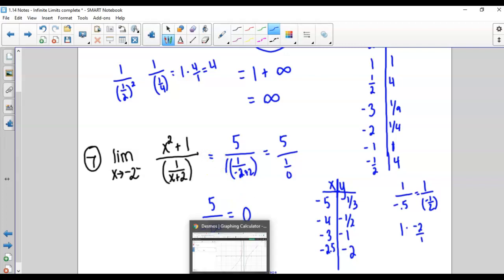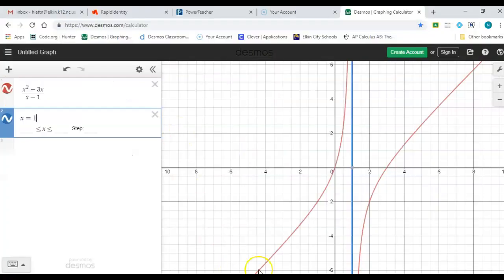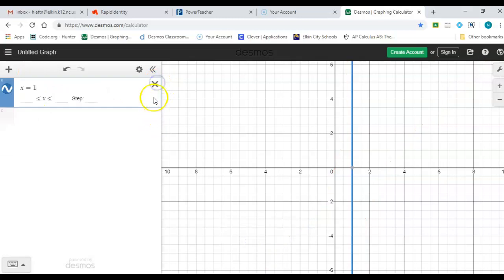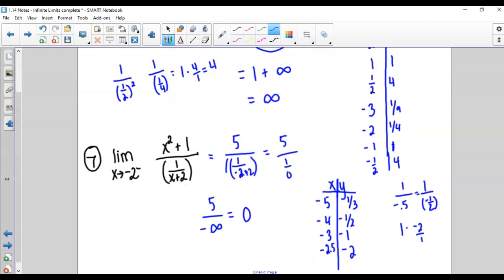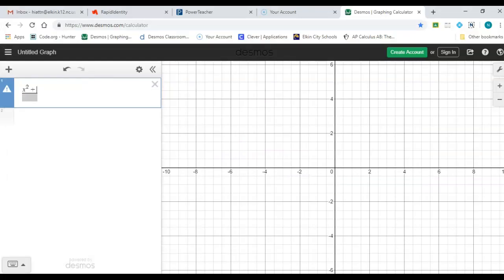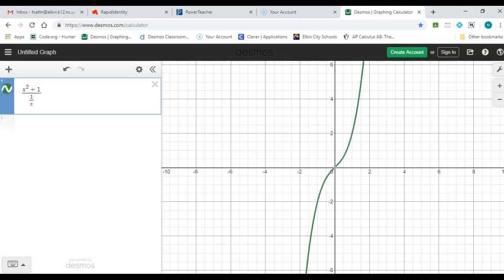If we look at that one on the graph, we have x squared plus 1 over x plus 2. Is it plus 2 or minus 2?